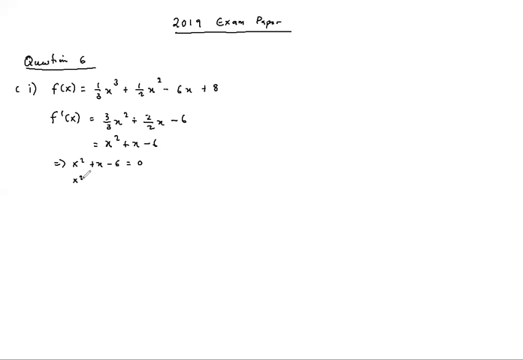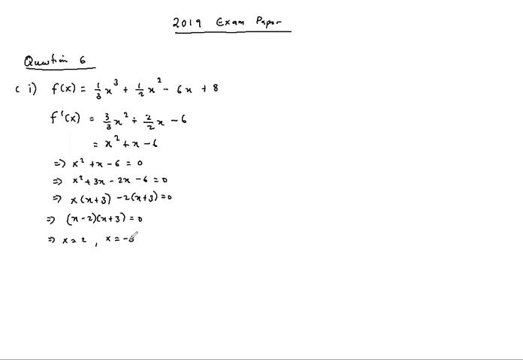So we used positive 3x minus 2. Factorize this, and it gave us x plus 3, x minus 2 is 0. So x minus 2, x plus 3 is 0. This means that x is 2 and x is negative 3.